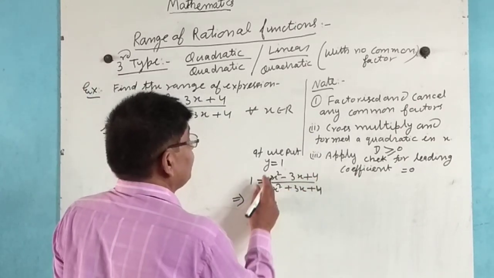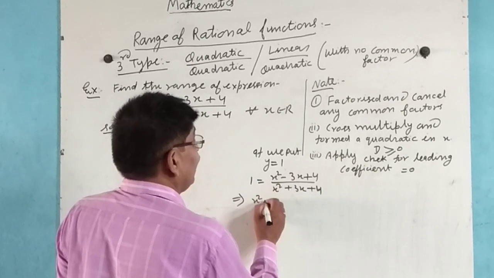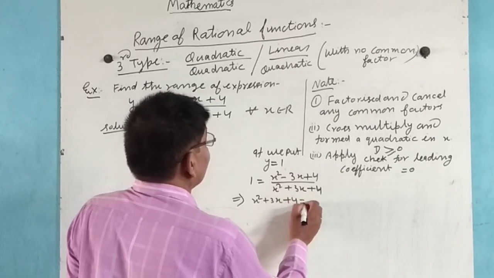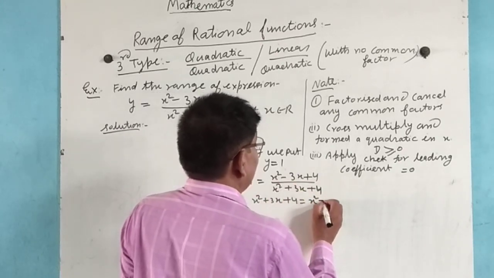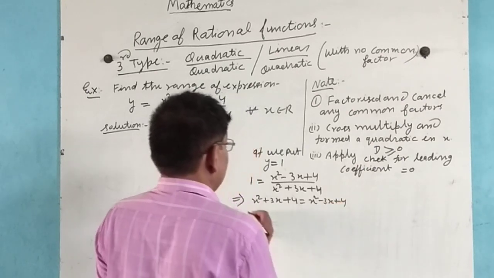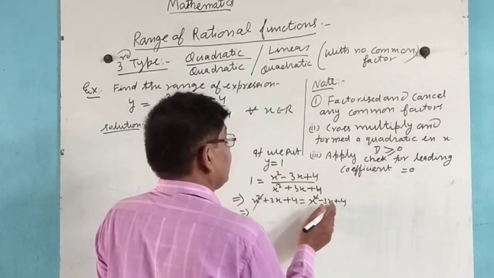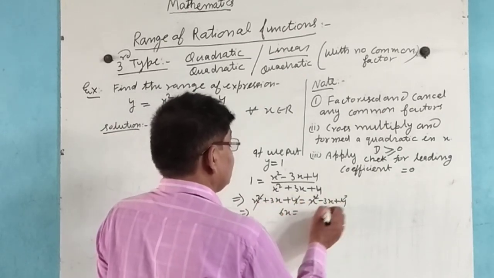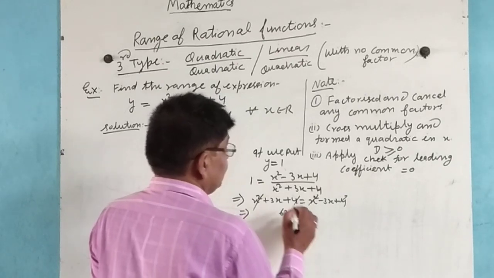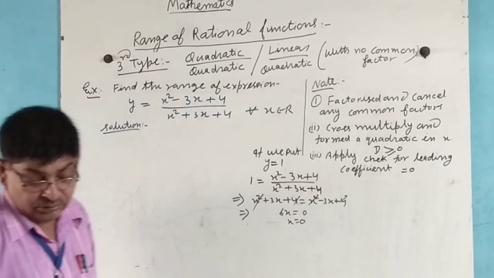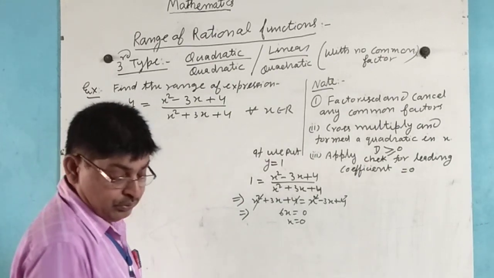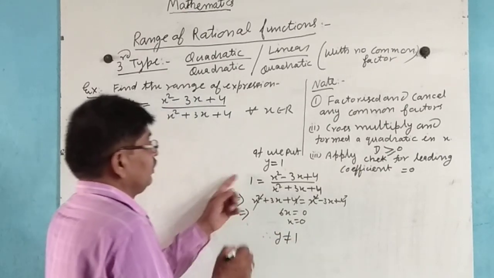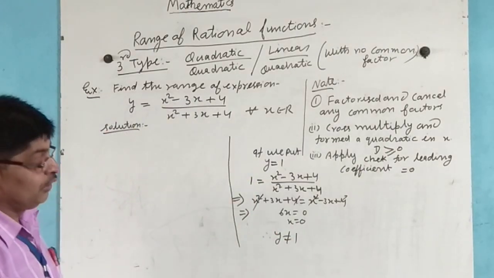Now this becomes x square plus 3x plus 4 equal to x square minus 3x plus 4. It means that x square cancel, this and this, 6x equal to 0, this and this also cancel, x equal to 0. So that x equal to 0, in this case y does not belong to 1.